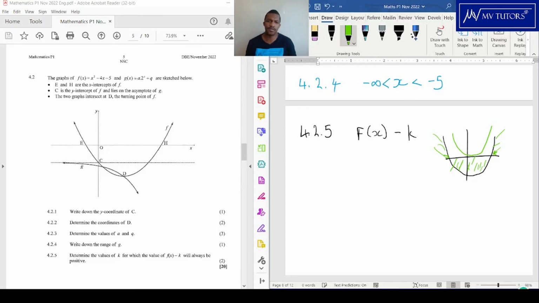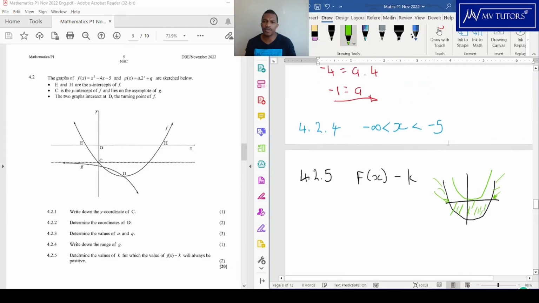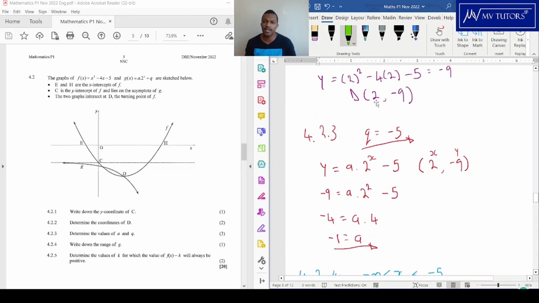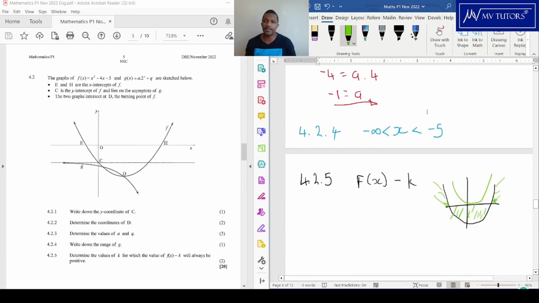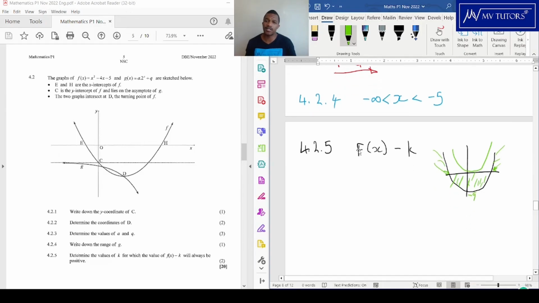What do we need to shift by? Currently, if we go to our turning point, which we solved right here, it's (2, -9), which means the graph is at negative 9 on the y axis. So to make sure it moves up, it has to move up by at least 9 units.